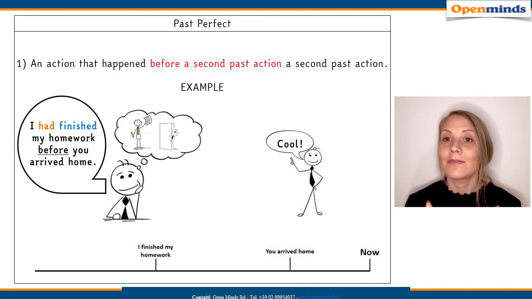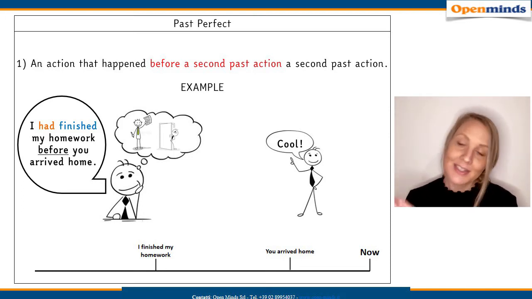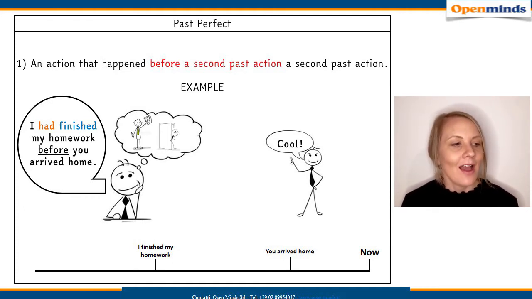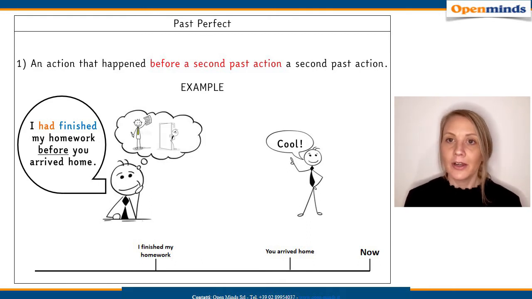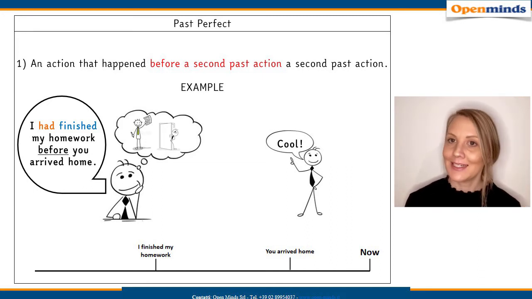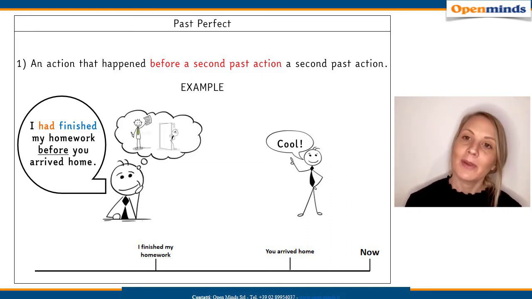So both of these actions have happened in the past. So the man said, I had finished my homework before you arrived home. So we are describing something that was complete, that was finished before the second action happened.